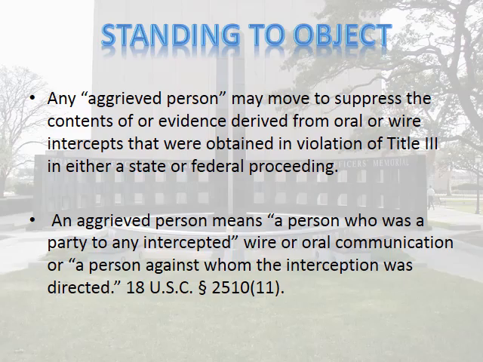Like you've got a wiretap against John Smith's phone, and John Doe and Jane Doe are talking about where Joe Blow hid something. Joe Blow's not an aggrieved party. He can't claim that it was a violation of his rights, because he wasn't one of the three parties involved: the two people that were on the phone and the owner of the phone.